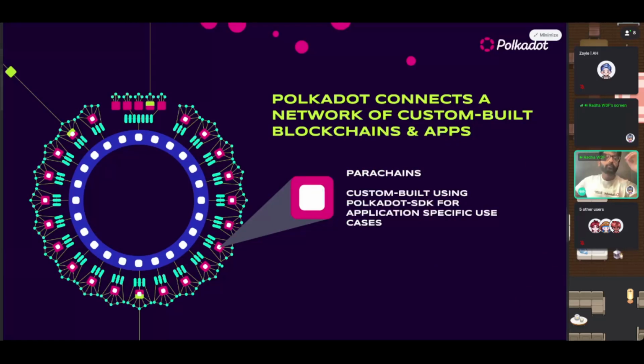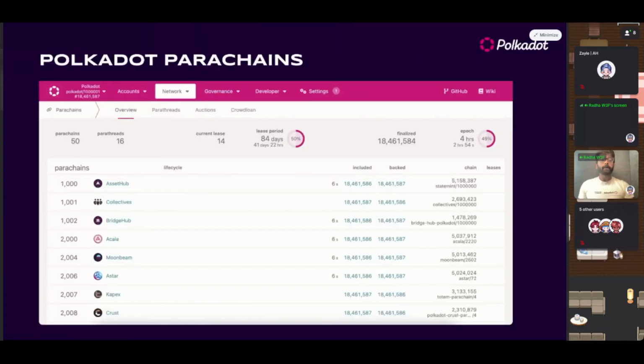Okay, so I mentioned these individual blockchains running in parallel, called parachains. They can be custom built using Polkadot SDK, the software development kit for building these blockchains. It comes with a lot of functionalities inbuilt. As you'll see, there are over 50 parachains already live on the Polkadot network.